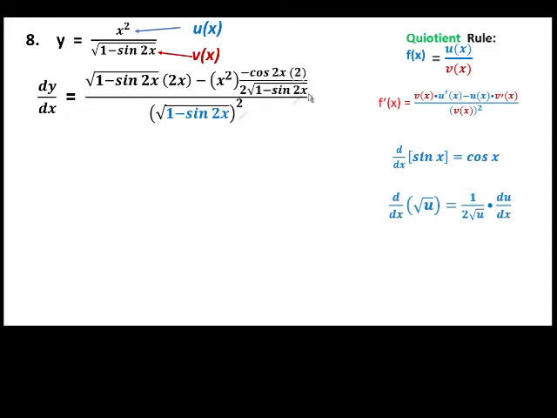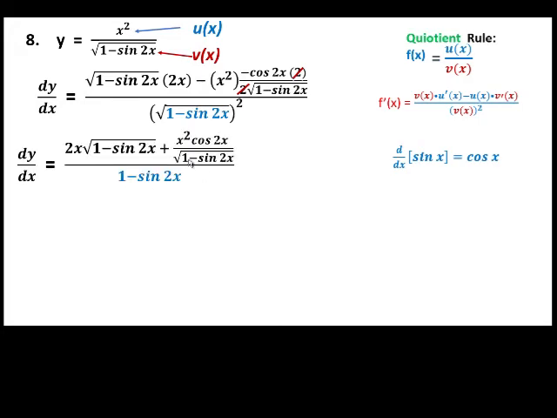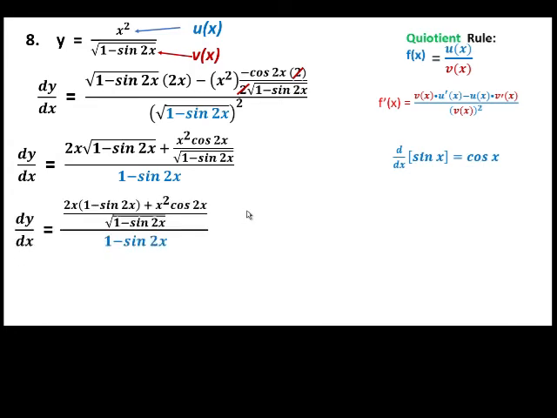Then simplify, cancel out common factors, then distribute the sign. Here, negative becomes positive. Then express as a single fraction. This denominator is expressed as a single fraction.